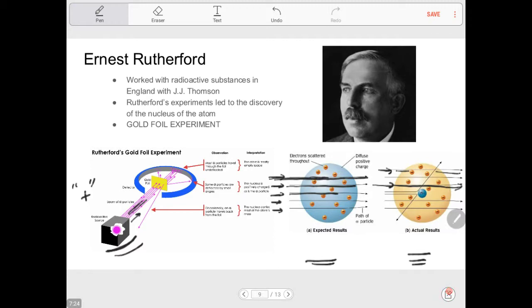Very, very little, if any, change in its course of direction. But some of them, here comes your positive particle. It'd come right in, life is good, and boom, it would get deflected at these weird angles like this, maybe backwards, in every direction. Well, what the heck? Why would this positive particle come through and all of a sudden go off in these different directions?